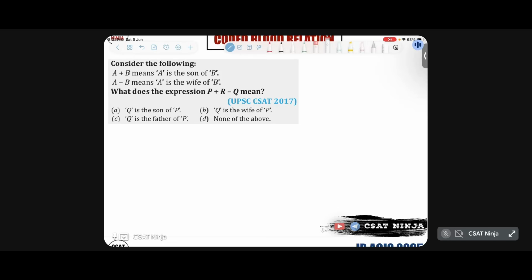Whenever you are solving coded blood relation, first look at the statement here: A, B. That means A is first, B is second. A minus B, A is first, B is second.